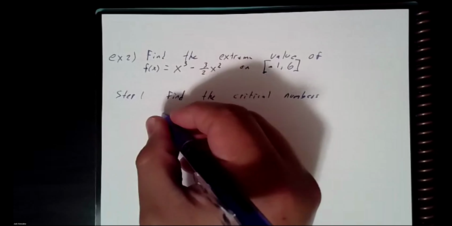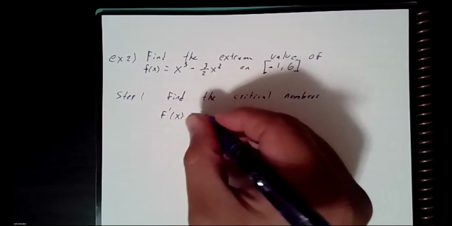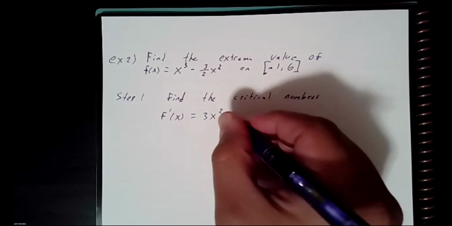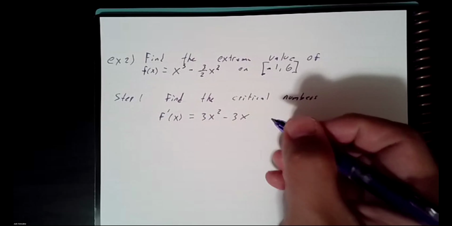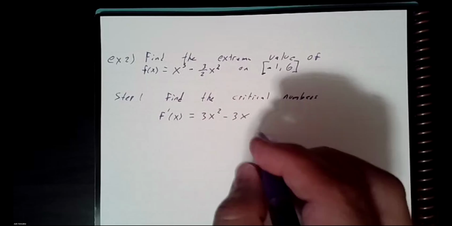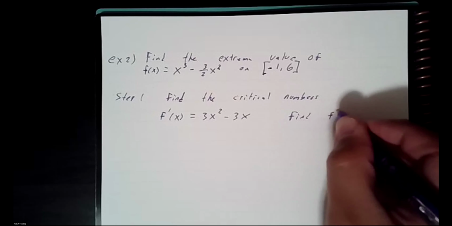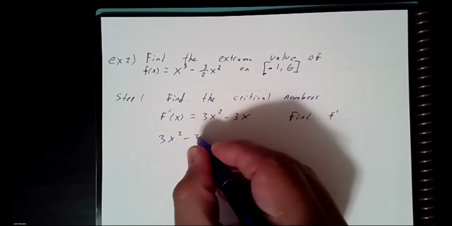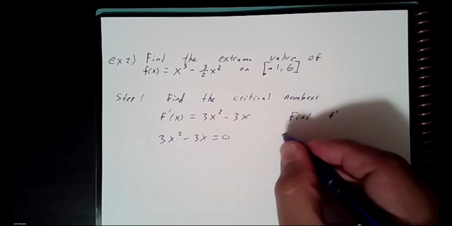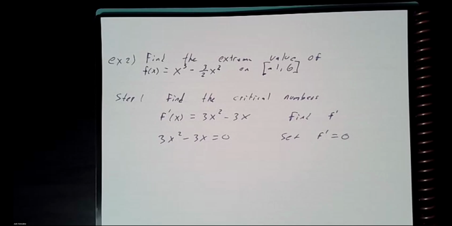So first step of step one, get f prime, which will be this. Then set f prime to 0.